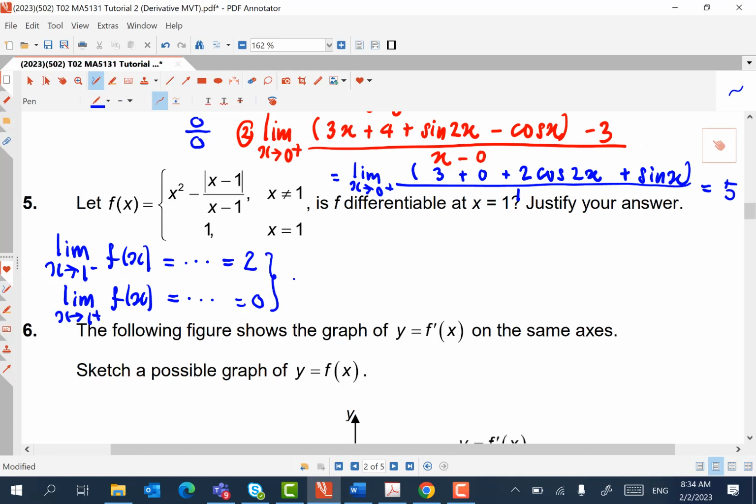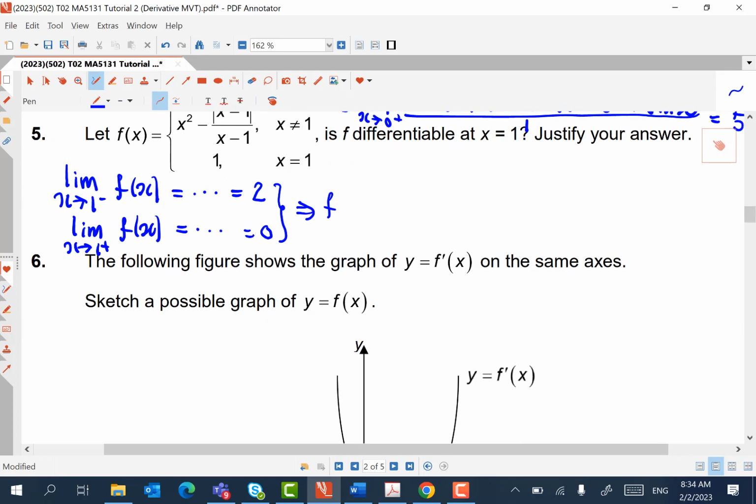So with these two, it implies that f is not continuous at x equals 1. Therefore, f is not differentiable.